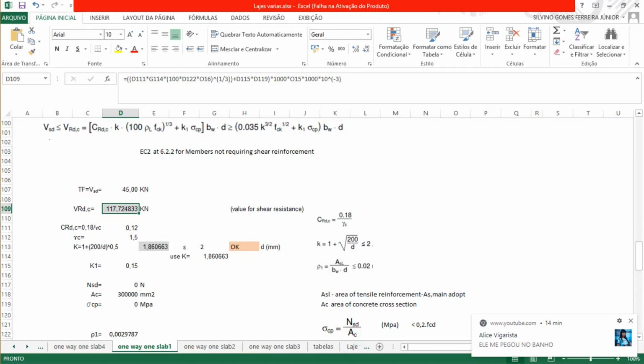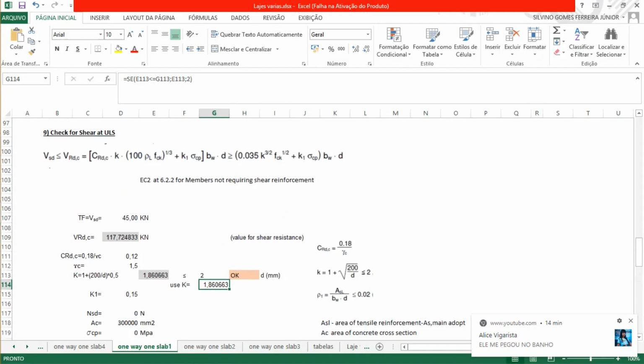CRD is 0.18 divided by a safety factor of 1.5, which gives us 0.12, multiplied by K. This K is gotten from this equation, with D in millimeters, and gives us 1.86, and has to be less or equal to 2, and it's okay. If it was not, we would adopt the value 2. So we're going to use 1.86.